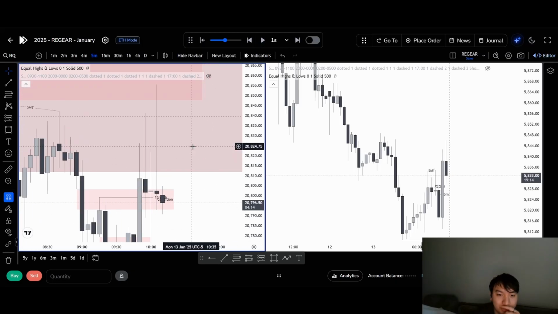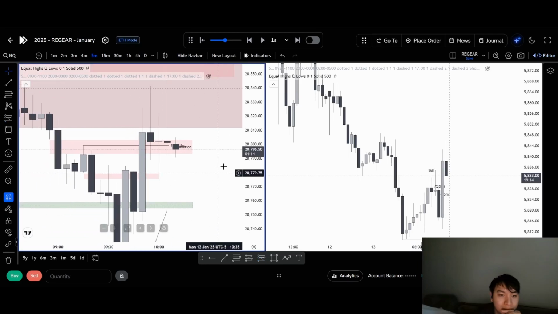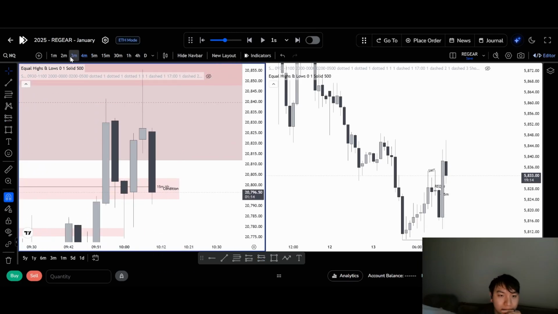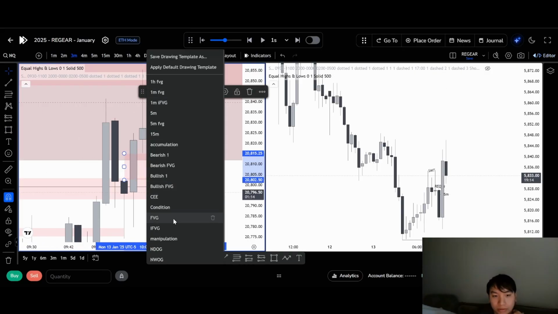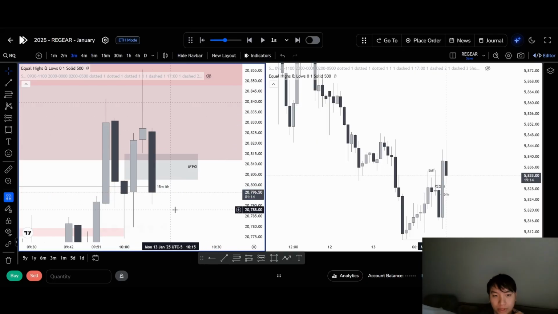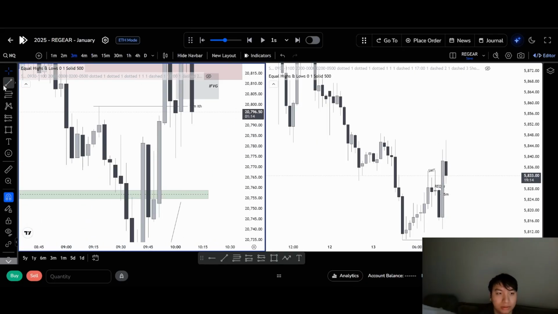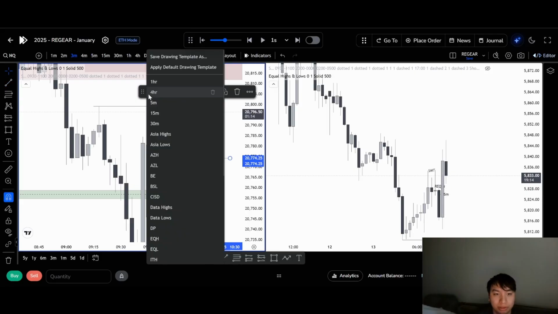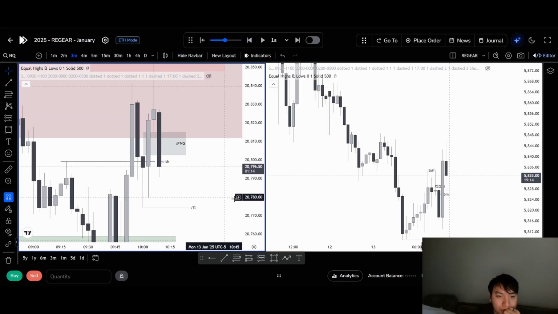I might take this. This is more of a pattern trade, but if price... I have a 3-minute right here. Ignore this. This 3-minute ITH right here, or internal low.